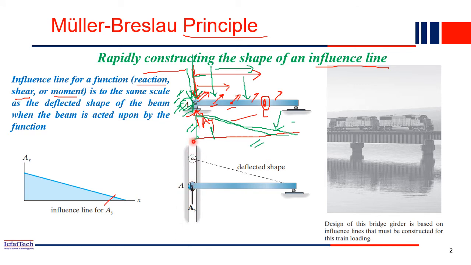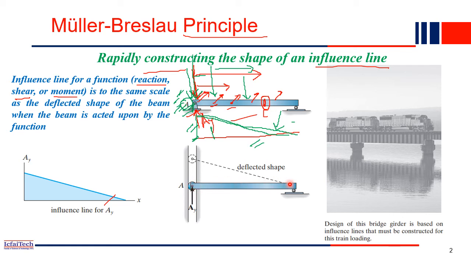This joint can easily rotate or move in this direction. Once the release of constraint is done, next we have to apply the load. We are finding AY, which is a vertical reaction, so we apply the vertical reaction at this joint.